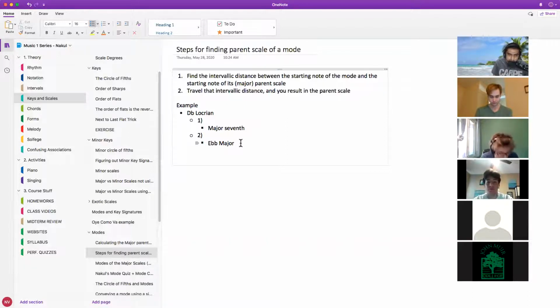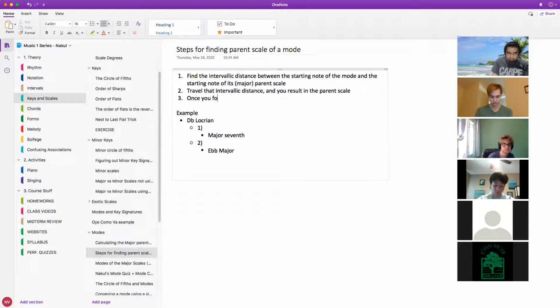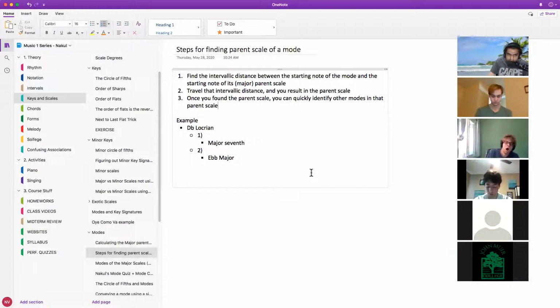So you can use this knowledge, because once you've found the parent scale, you can quickly identify other modes in that scale, right?